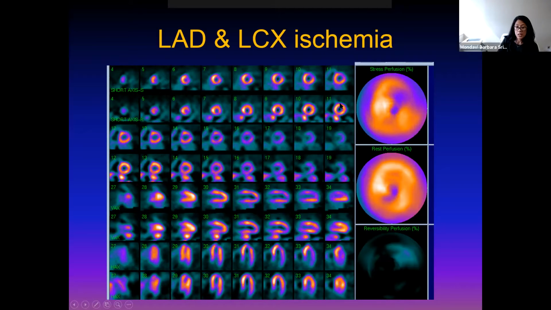It looks normal in those areas on the rest images. And on the bullseye chart here, we can see there's decreased tracer uptake corresponding to those segments in the anterolateral wall. This is suggestive of ischemia in the left anterior descending and circumflex distributions.